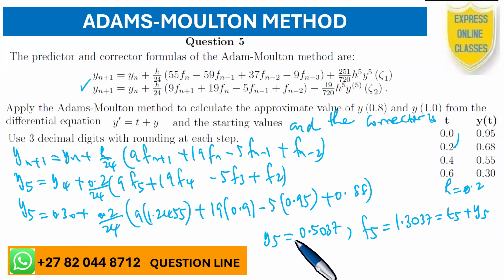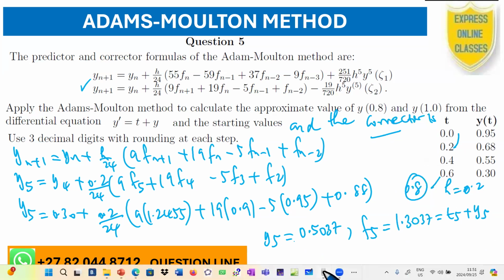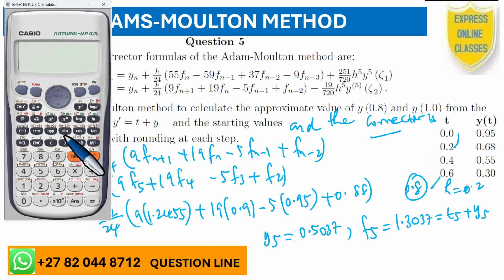Y5 is the one we use for the corrector, and it goes with the T5. T5 is going to be 0.8. Use a calculator to confirm: 0.5037 plus 0.8.